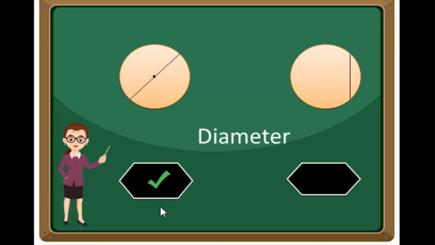Why is it figure 1 and not figure 2? Because the line here connects to another point in the circle and passes through the center. This figure did not pass through the center. That is why this is not called a diameter. So, can you follow? Have you understood it?